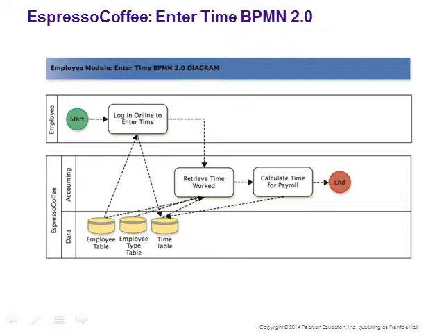Then the time entered by the employee is retrieved by the accounting department in the accounting swim lane. We calculate the time for payroll purposes, which then also updates the timetable, and the process is over. But again, you can see how we may have customized this a little differently from the original flowchart to include that the employee logs on and enters their own time.